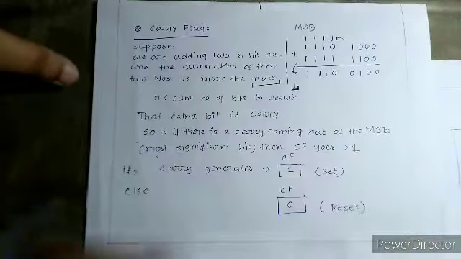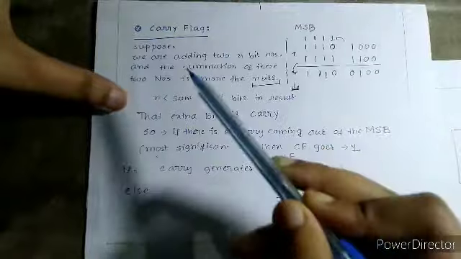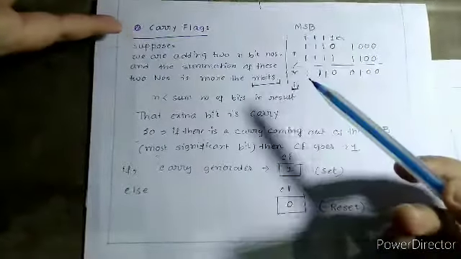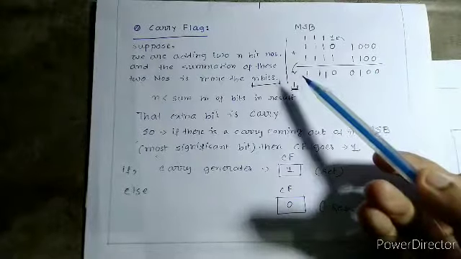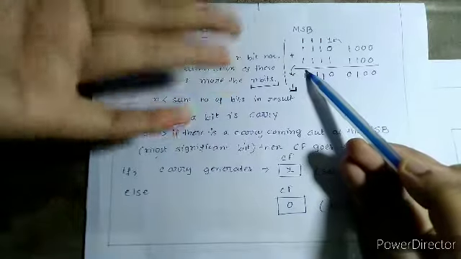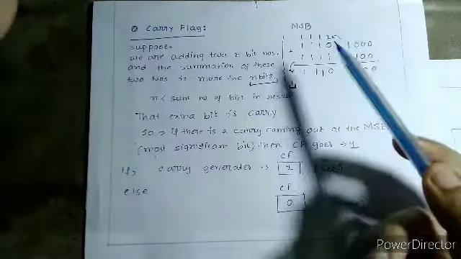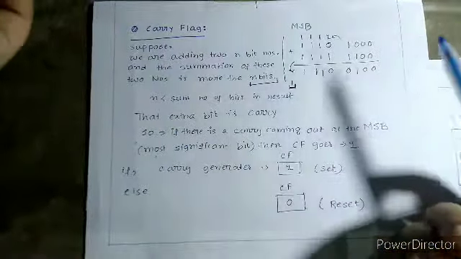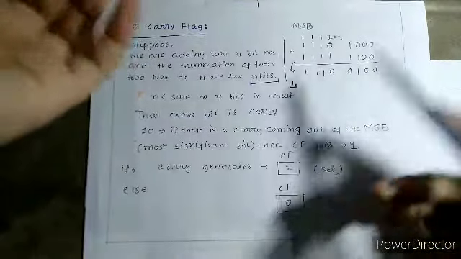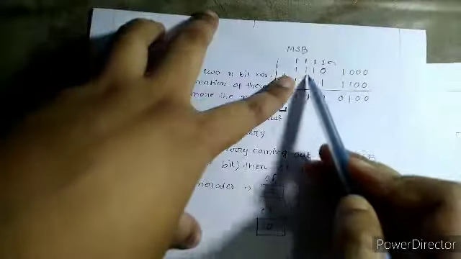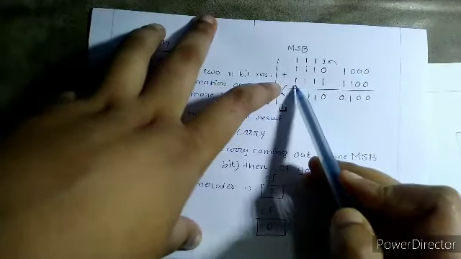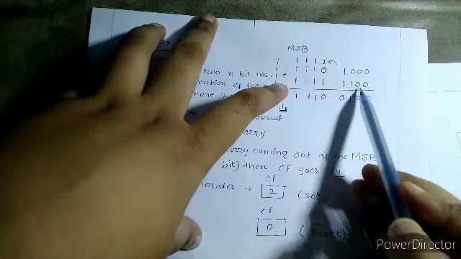Suppose we are performing some operation on 2 n-bit numbers, and if the result is more than n bits, then you have to understand that there is an extra bit, and that is the carry bit. Just look at this example: 11110 1000 plus 11111100.